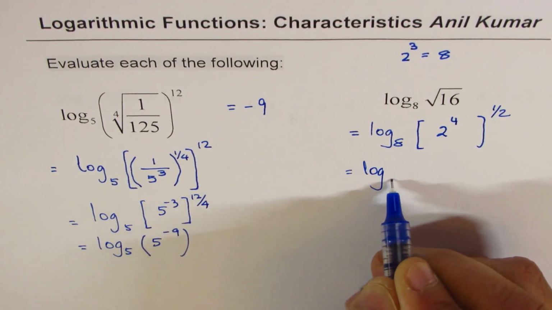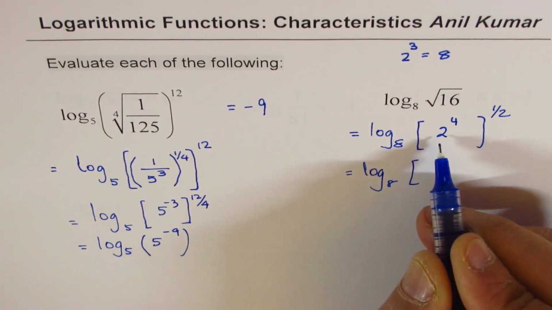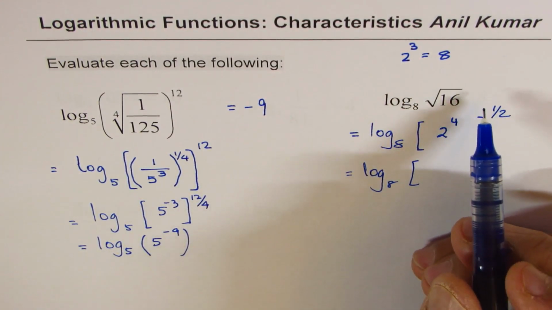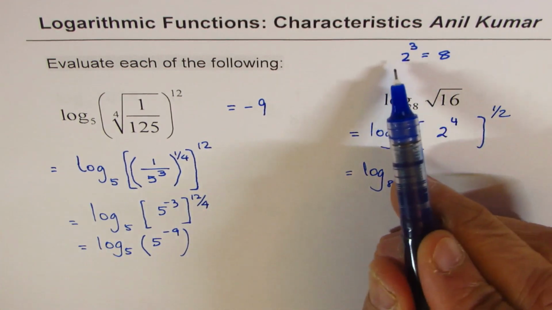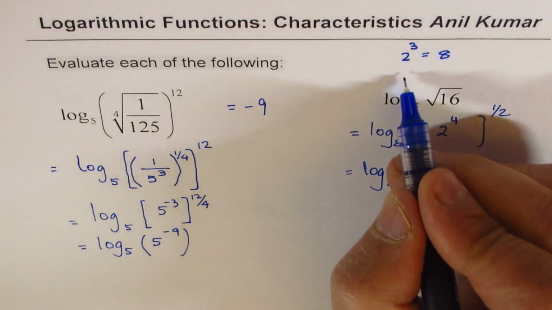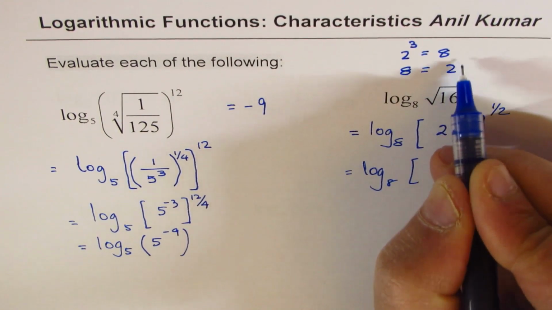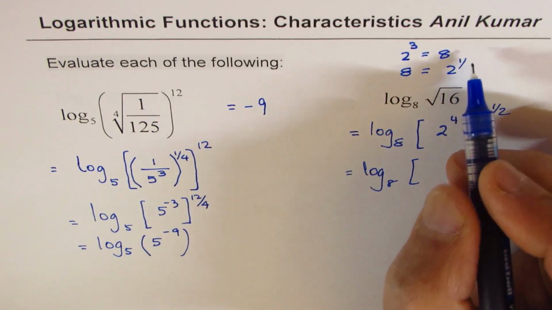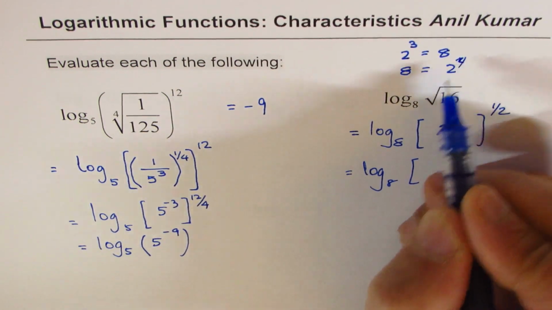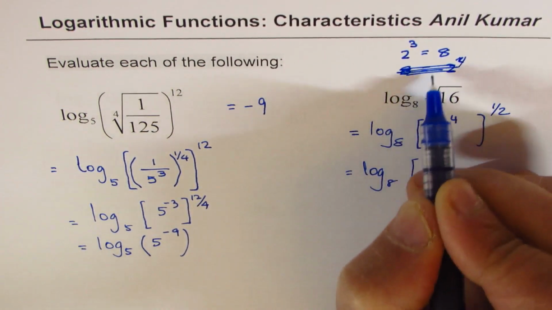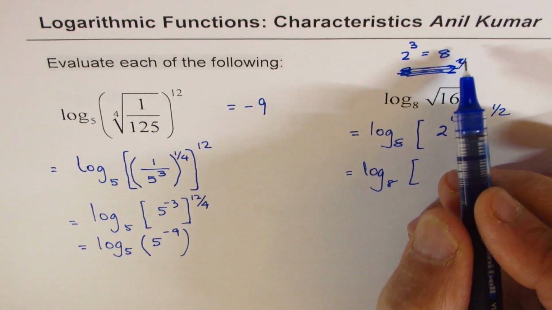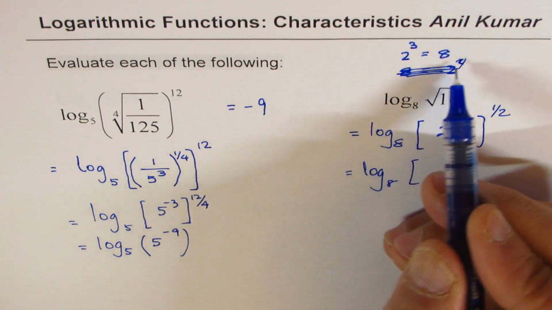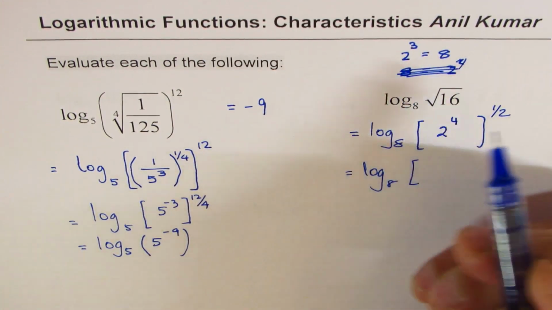And now I will write this as, I replace 2 by 8. I have to write 8, right? So 8 to the power of 1 over 3 is 2, right?